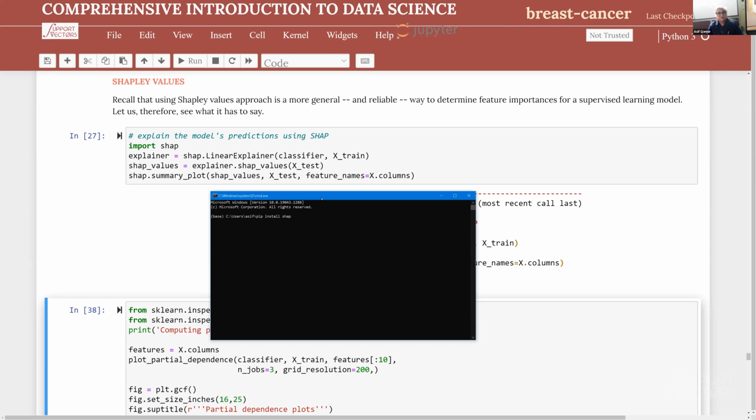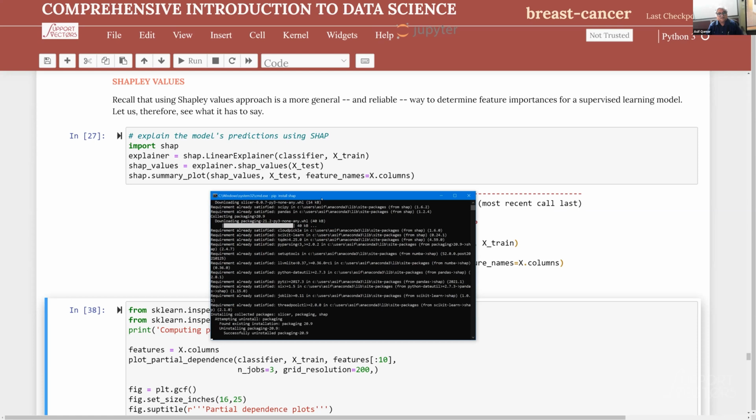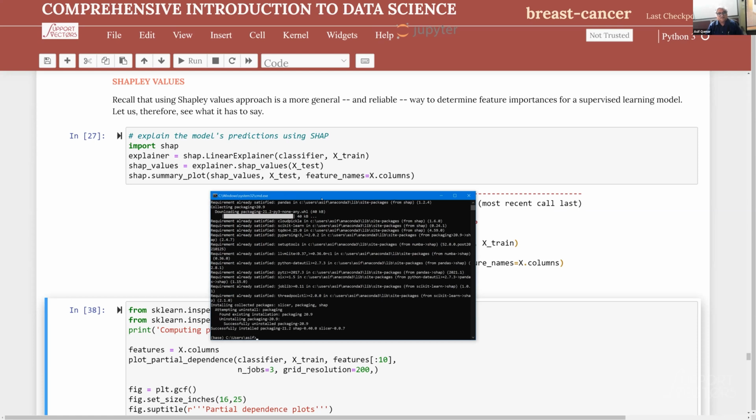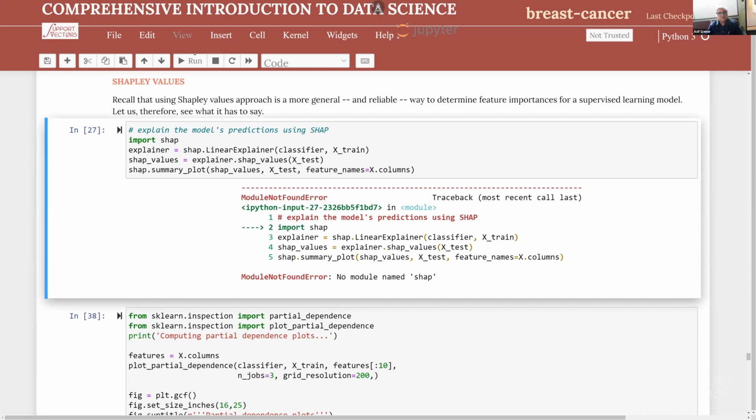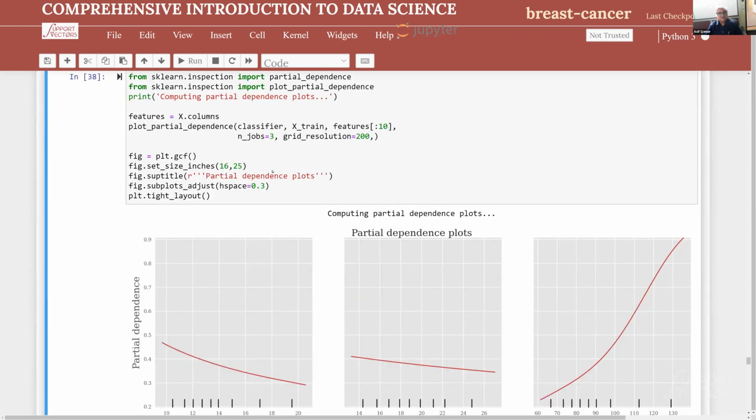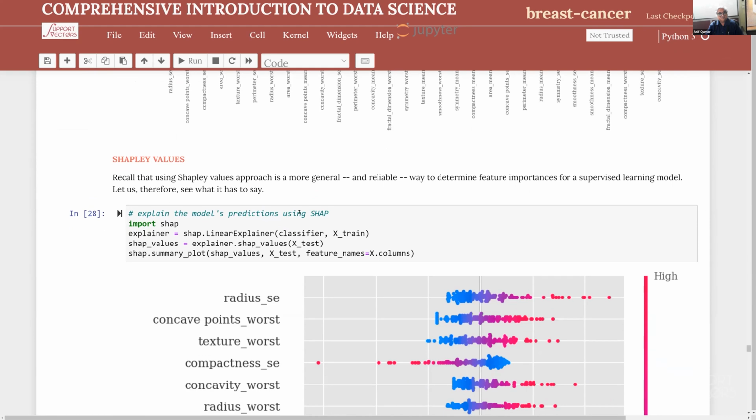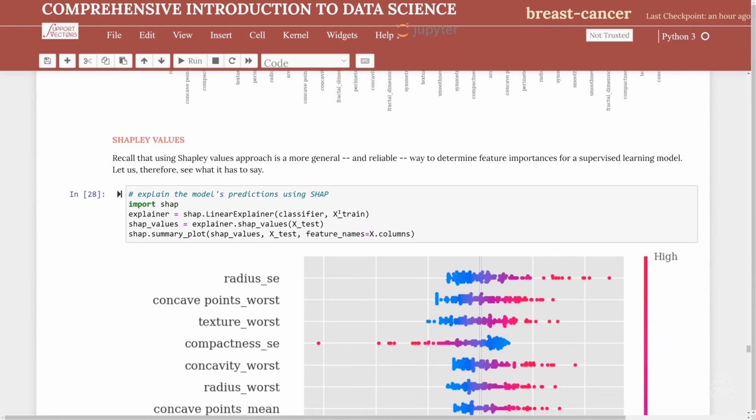It says successfully installed. And let's try our luck now. Do you need to change X train or? Oh, yeah. So it ran through.